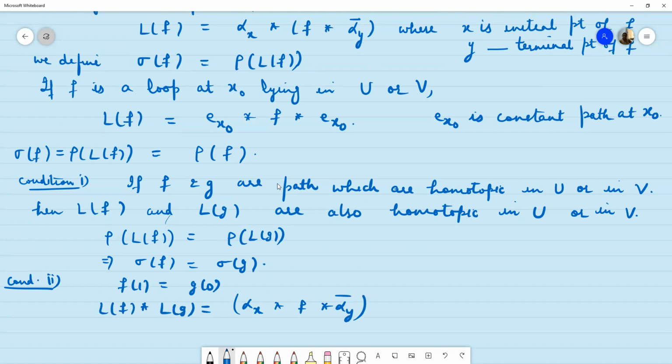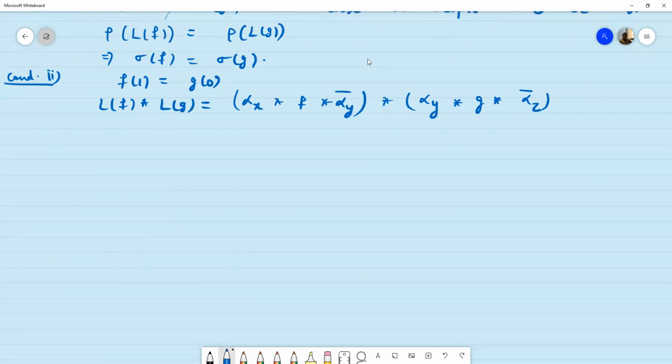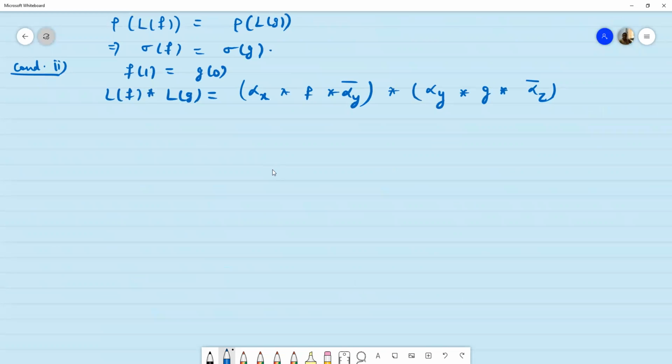Here we are assuming that the endpoints of F are x and y. Since the endpoint y is also the initial point of G, we take G to be a path from y to, let us say, z. So this LF star LG will be a loop from x to z.